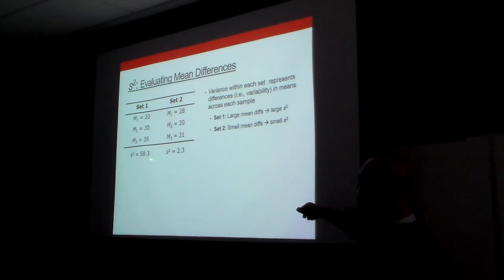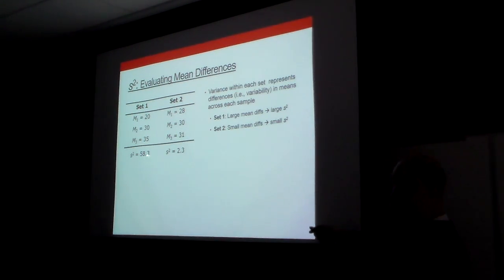What I've got here is the variance of these 3 means and the variance of these 3 means. This is just variance like I always calculate variance. This isn't a special type of variance. You all have the superpowers to calculate this by hand if you wanted to. I'm taking the squared deviations from the mean, summing them up, and dividing. So this is just variance.